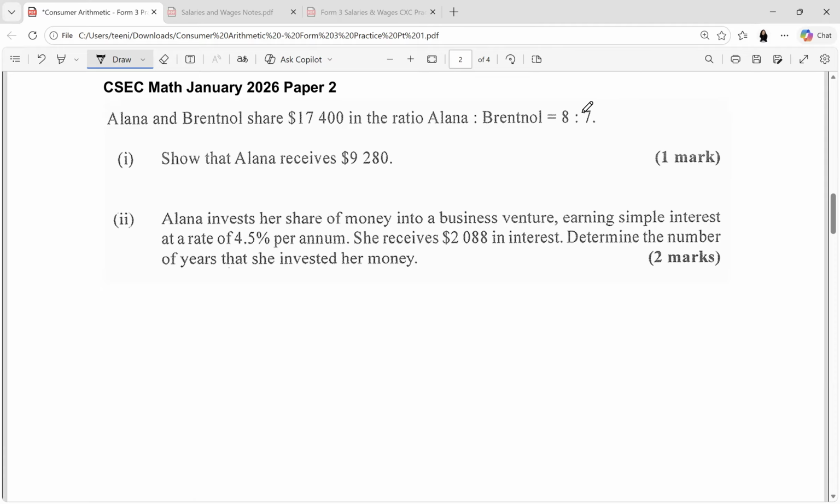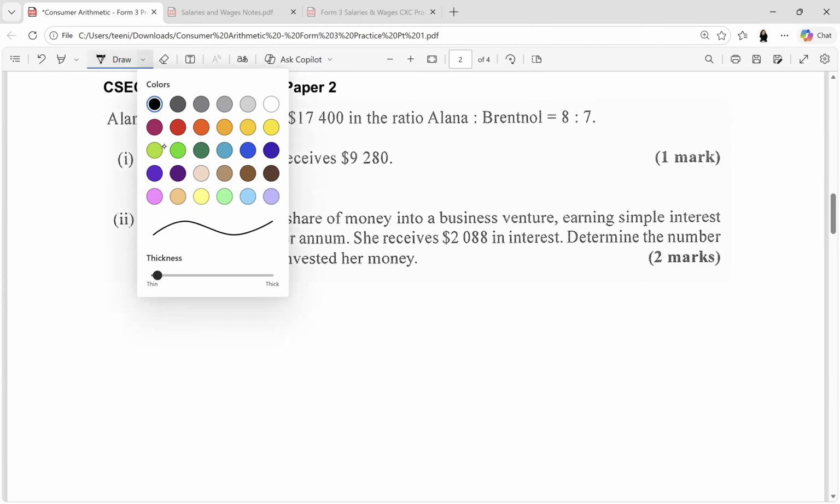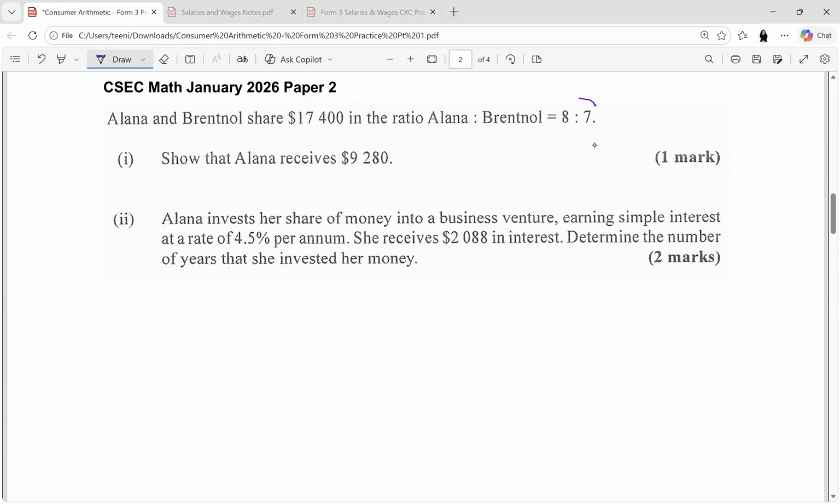So if something is shared in the ratio of 8 to 7, the total shares is equal to 8 plus 7, which is 15. And then I'm able to interpret the ratio better.